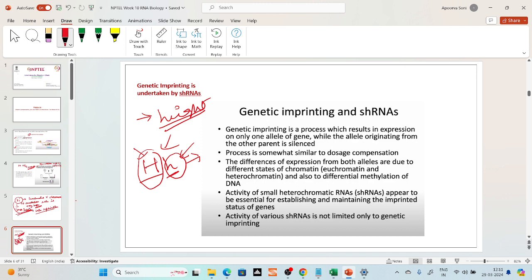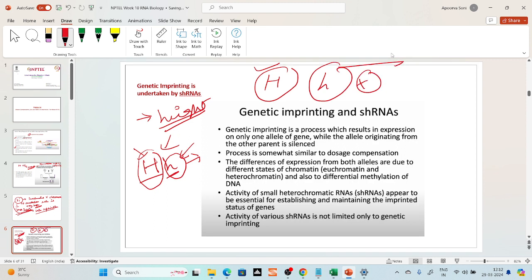So expression is only from one of the alleles, while the allele originating from the other parent is silent. The differences of expression from both alleles are due to states of chromatin and also to different methylation status of the DNA. What does it mean? If I say that this one is getting expressed and this is not getting expressed, that means this would be methylated or demethylated.